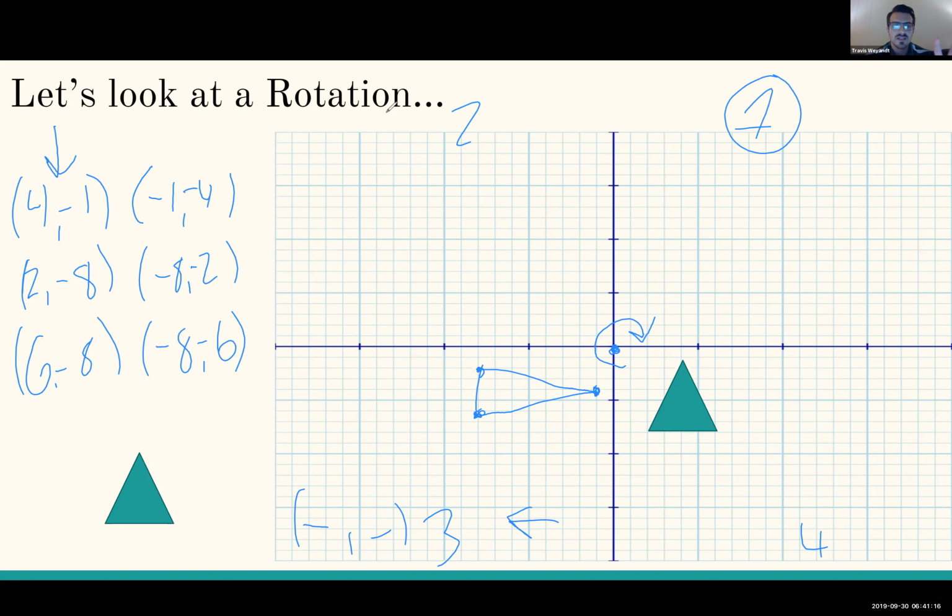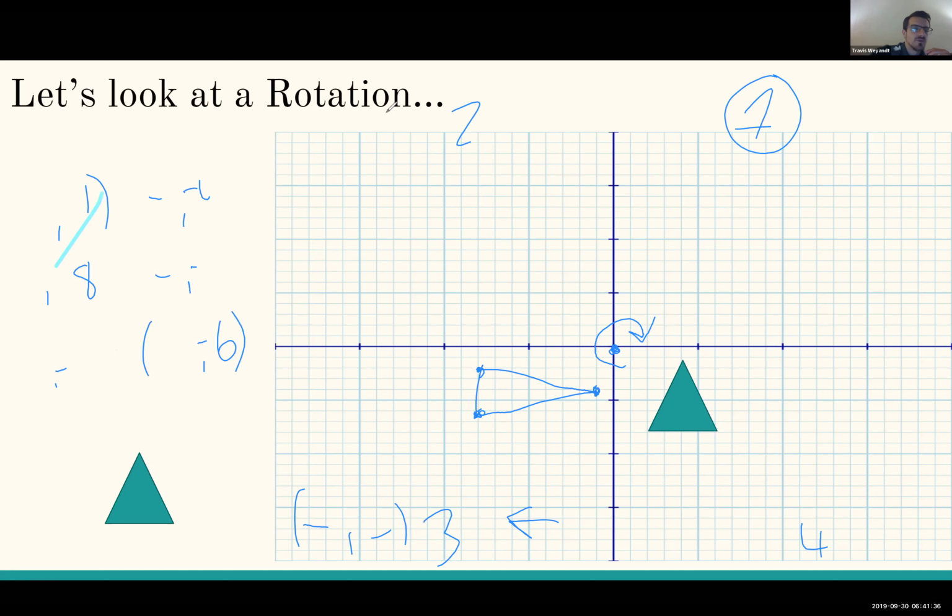But again, a reflection is just changing the sign of the quadrant that it falls in. A rotation needs to flip the coordinates first and then put the sign that it needs to be, to understand what rotation it made. So hopefully that makes sense, and hopefully you're able to take something away from this and use that through your unit this week.